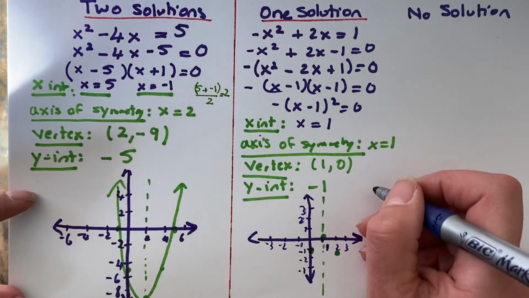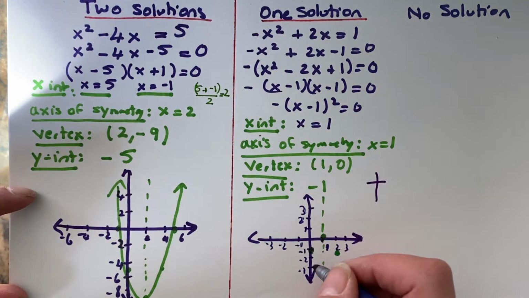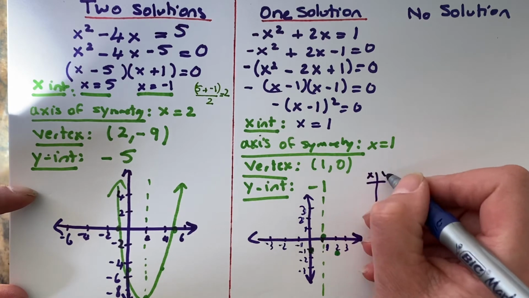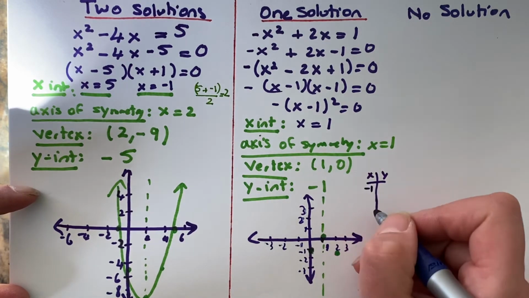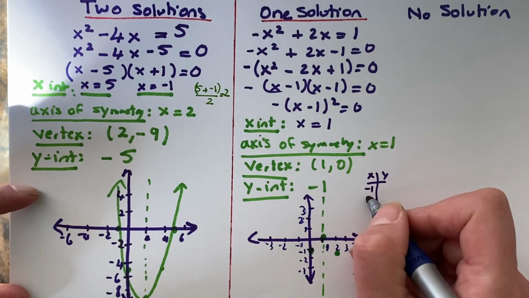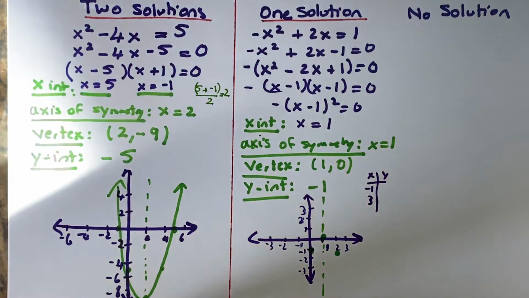To finish that, I'll just pick the next obvious one. Maybe I'll pick -1. And then I'll also pick 3. And I bet you they'll give me the same value.